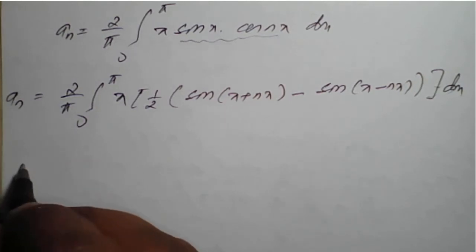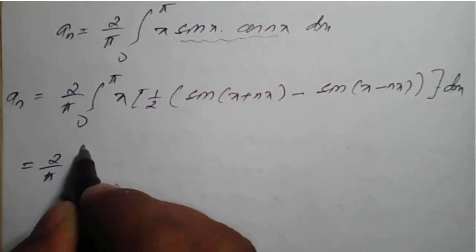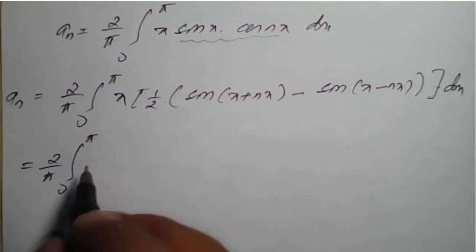So we'll simplify. 2/π; we have not applied integration, first we are simplifying.